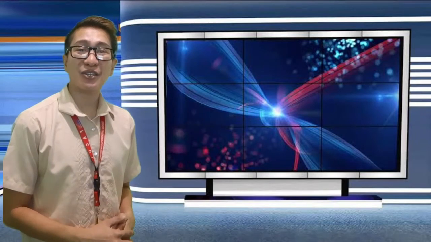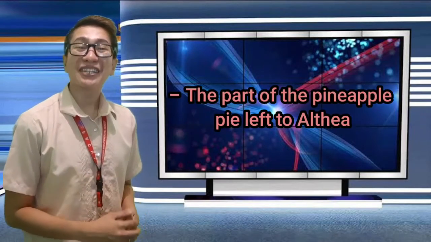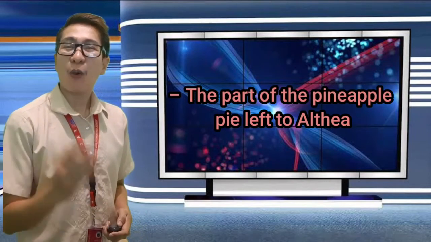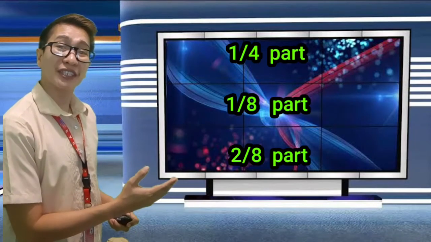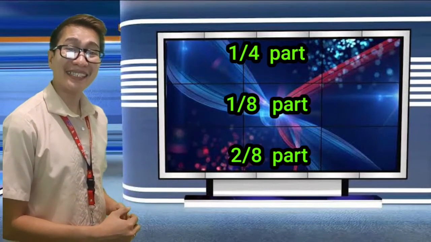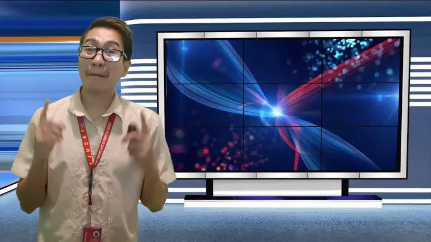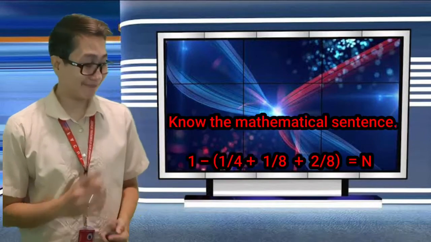First, understand what is asked. Correct. The part of the pineapple pie left to Althea. What are the given facts? 1/4, 1/8, and 2/8. Correct. Now, plan. Know the mathematical sentence.